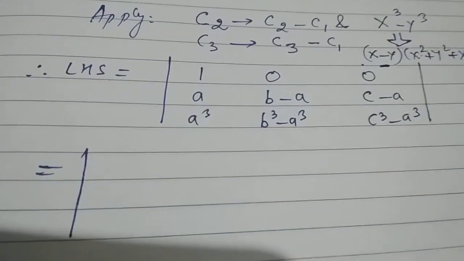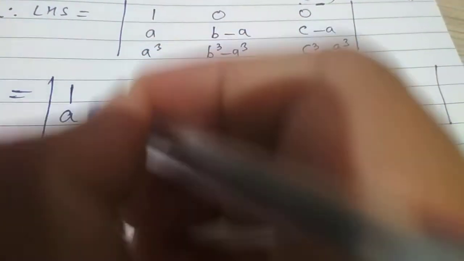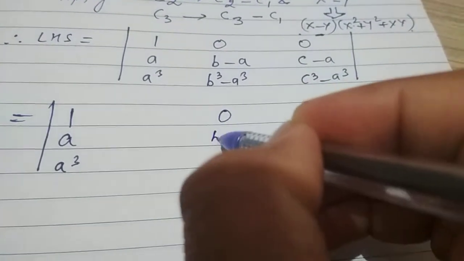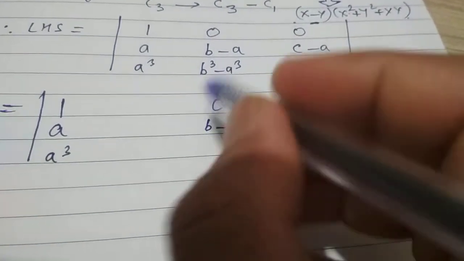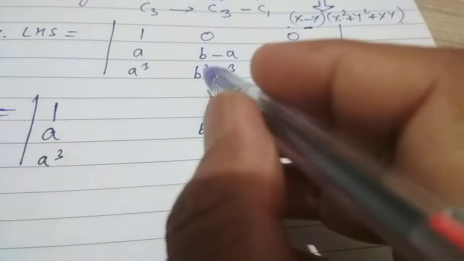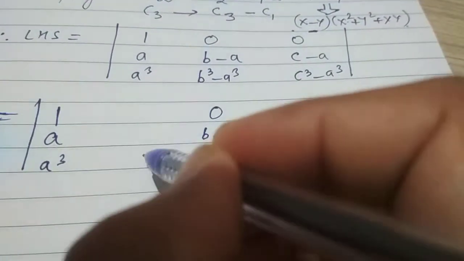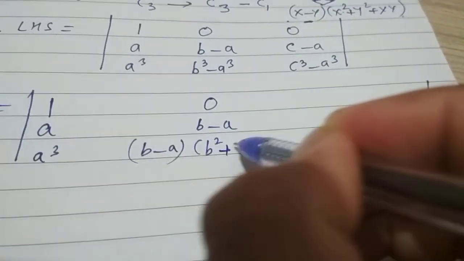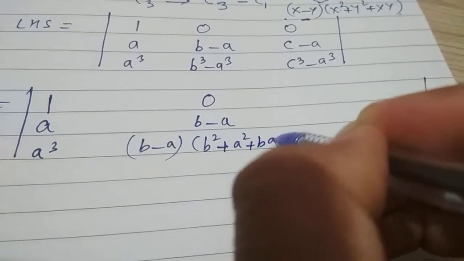So that can be written like this now. I'm writing a little bigger determinant. It is 1, a cube, here 0, b minus a, and now I will write b cube minus a cube. So it's like x cube minus y cube: (b minus a)(b square plus a square plus ba).